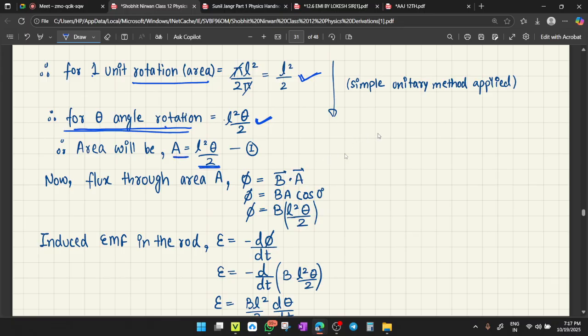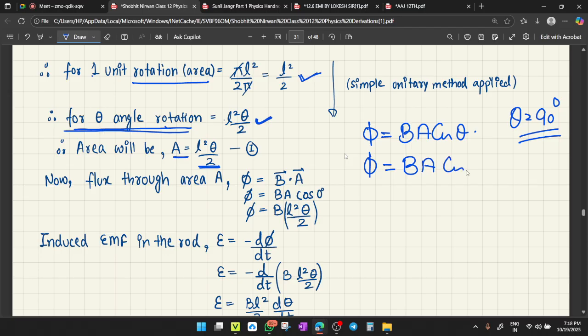Right? Now calculate the amount of flux related with this swept area for a particular angle theta. Phi is equal to BA cos theta. Theta here is 0 degrees as the magnetic field is perpendicularly inward. So phi is equal to B into A only, because cos 0 becomes 1. Clear here?